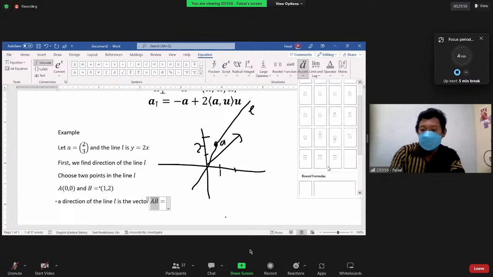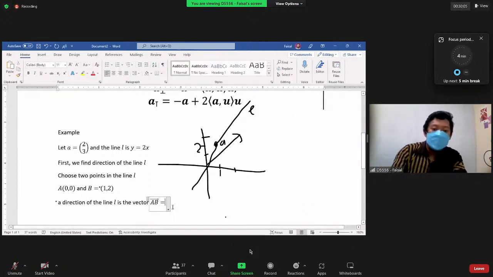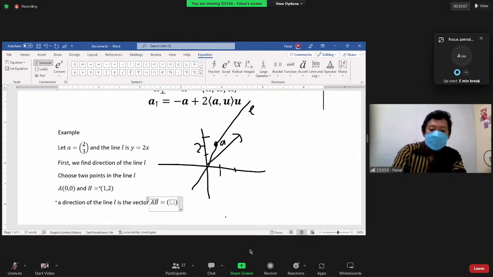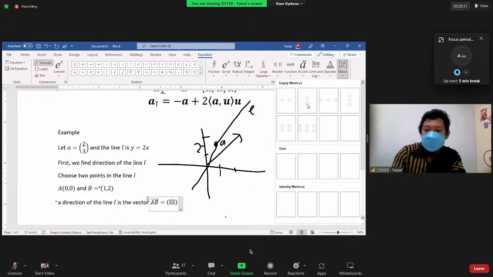Yes, correct. So I need an arrow. You can calculate it by subtracting B minus A, so this is (1, 1).